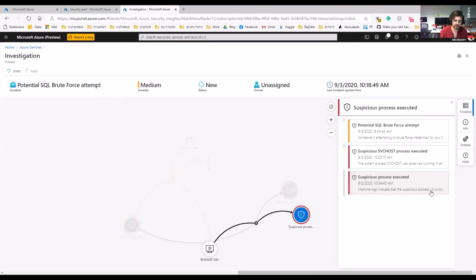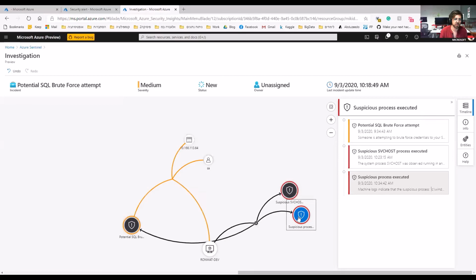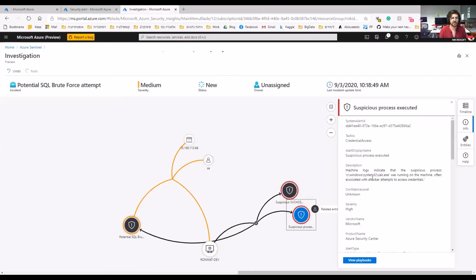We can see more details here, or go to this alert. It's important to say that this alert was created by Defender for Windows, and this was created by Server Defender. So we have here, again, all the layers of the attack, giving us context to the SQL Server, what the attacker wanted, and in what environment we operated.